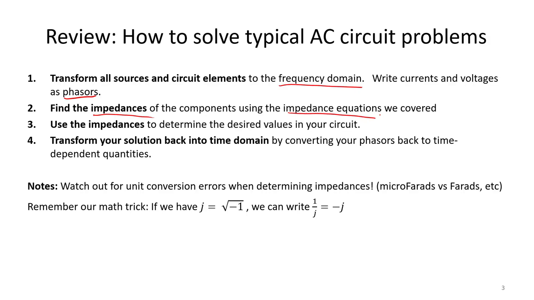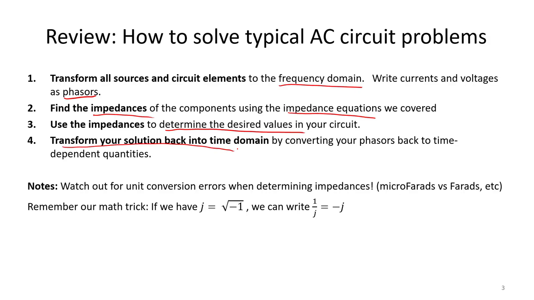Once we've found our impedances, then we use them, resistor style, to determine the desired unknowns in our circuit. Then, once we have found our solution in frequency domain, we transform our solution back into time domain. If you'd like further review on this process, I'd highly recommend that you check out some of our earlier videos on AC circuits.